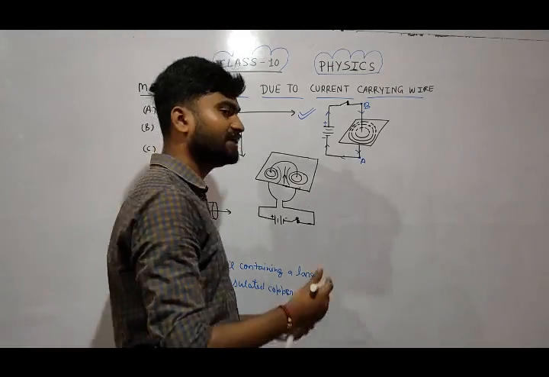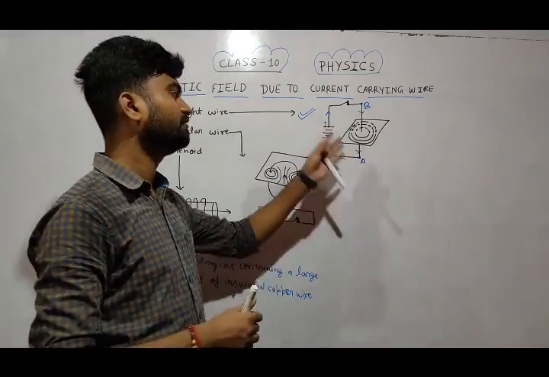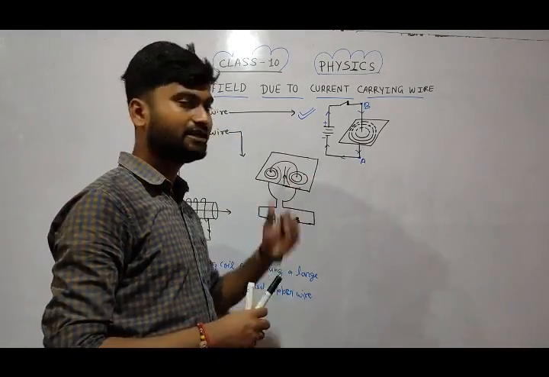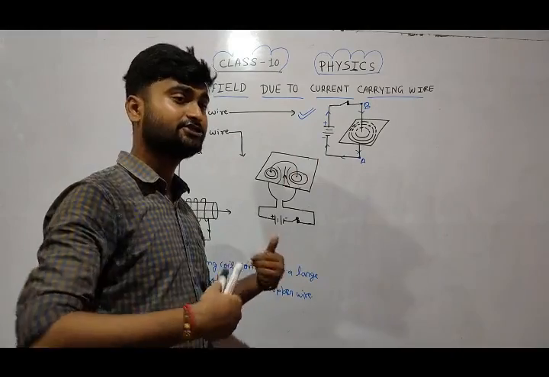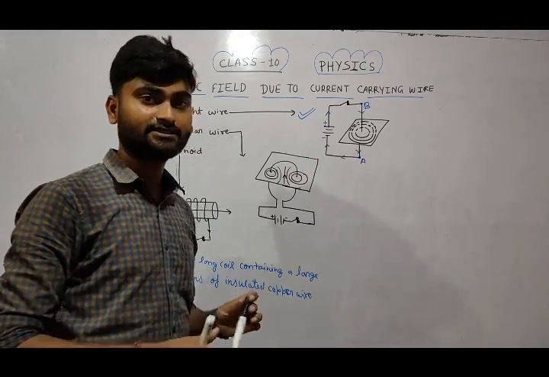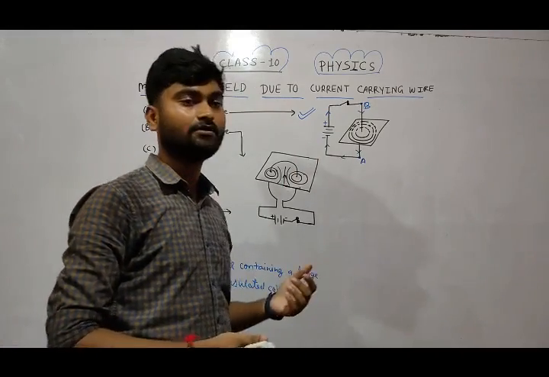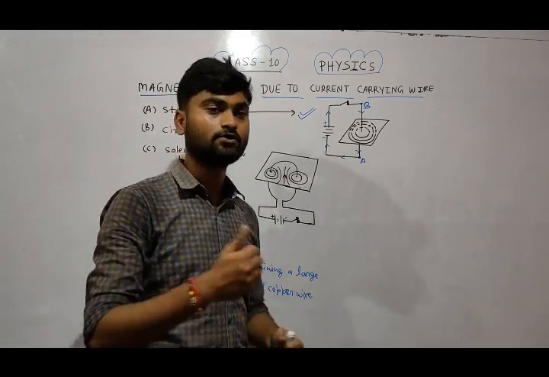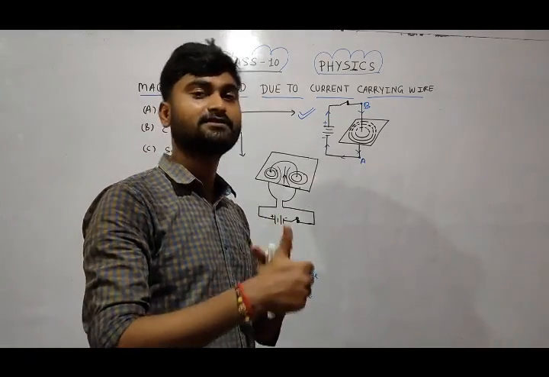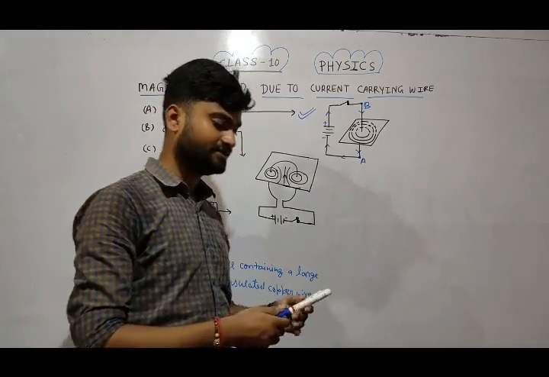To know the pattern, we will perform an experiment, and the direction of magnetic field is determined by the rule named right hand thumb rule, right?